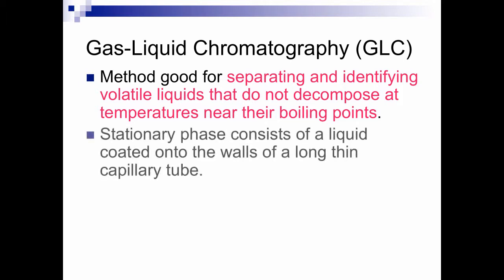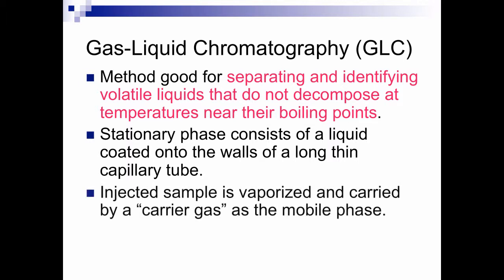The mobile phase is a gas that carries the components of the mixture over the stationary phase. The stationary phase is packed in a tube called a column that is coated with a high boiling point liquid.